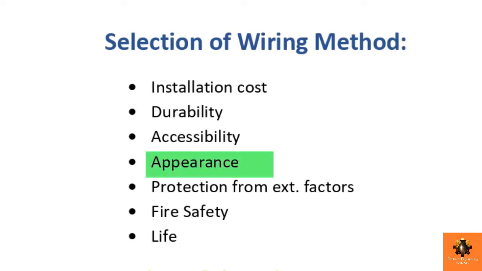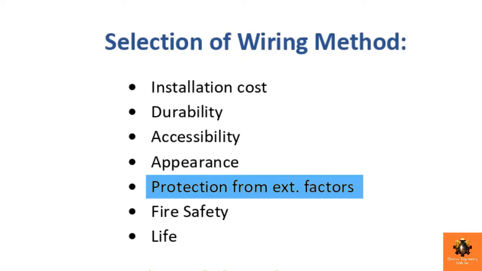Next comes the appearance. You should select the method that looks attractive. With respect to the appearance point of view, the concealed wiring method is most suitable. Then we have protection, mechanical protection. You must select that method of wiring which provides good mechanical protection to the wires or cables from any external disturbances.